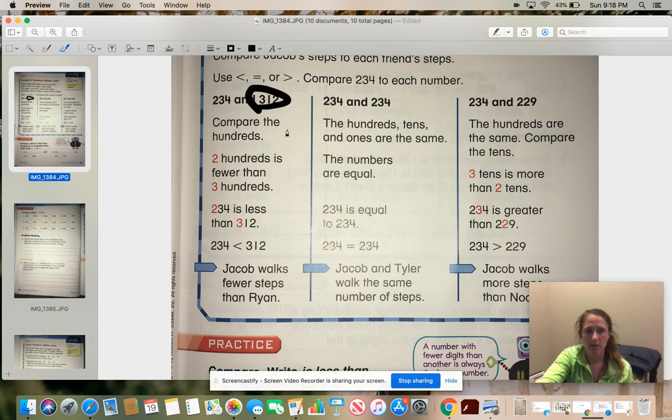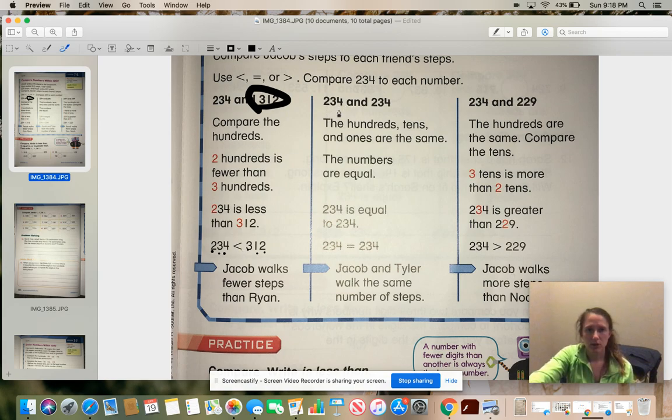So that alligator mouth wants to eat that number. If you go down here, you can see that the mouth is open to the 312. So that would read 234 is less than 312. Notice this looks like that L on its side. So that's the less than sign.